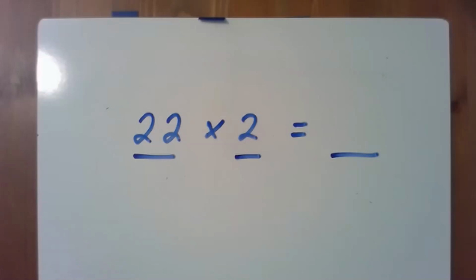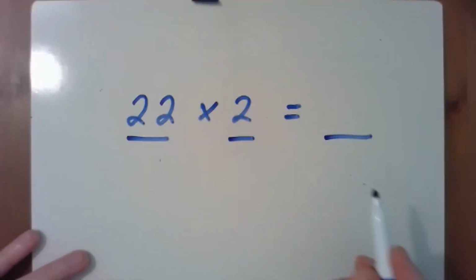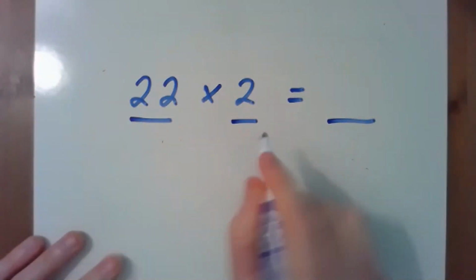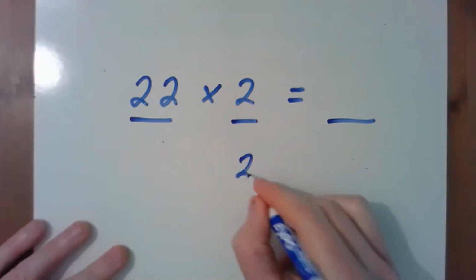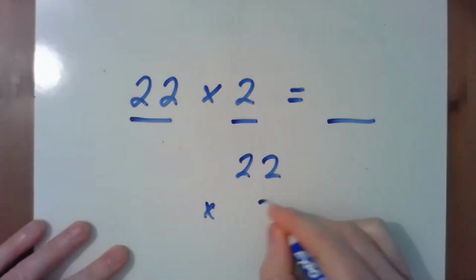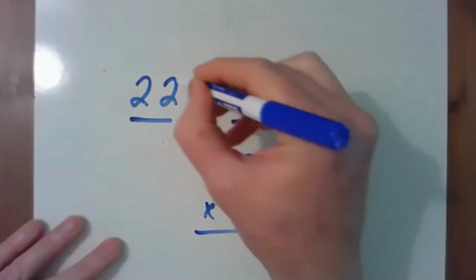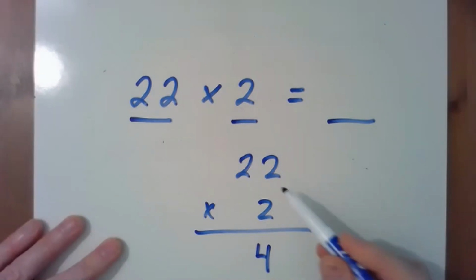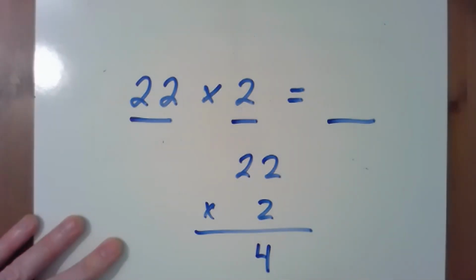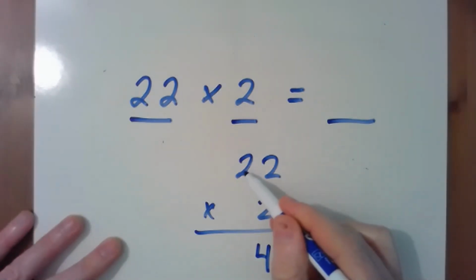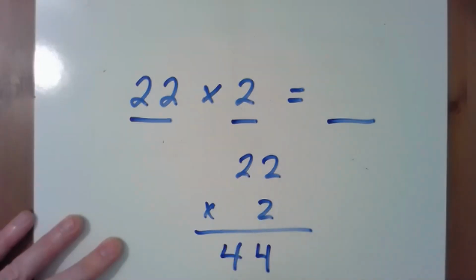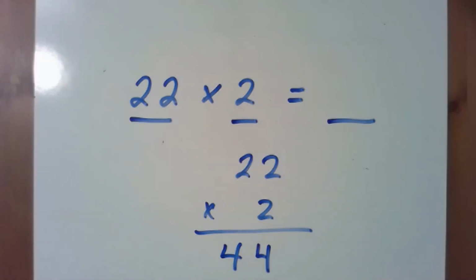And, just for any parents or teachers, a typical student with vision will work this out. 22 times 2. We'll multiply the ones place first. 2 times 2 equals 4. So I have 4 in my ones place in the answer. 20 times 2 equals 40. So I have a 4 in my tens place in the product.